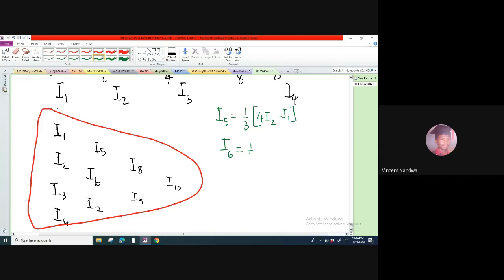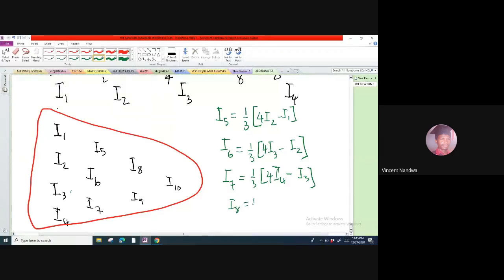I6 will be a third into 4 times the lower one, I3, minus the upper one, I2. I7 will be a third into 4 times I4 minus I3.